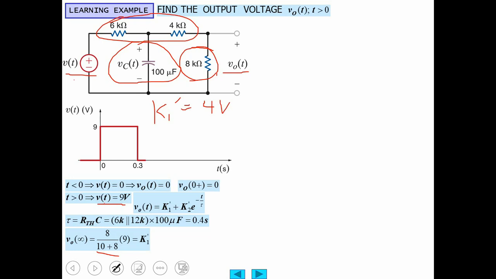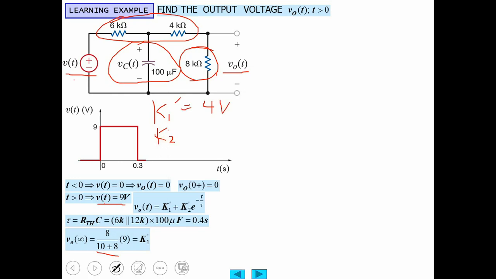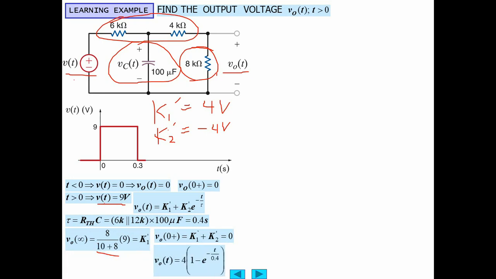And we've already figured out K1 prime plus K2 prime has to equal 0. So K2 prime is negative 4 volts. And we should have the solution. K1 prime plus K2 prime equals 0. And then we get the final solution right down here.